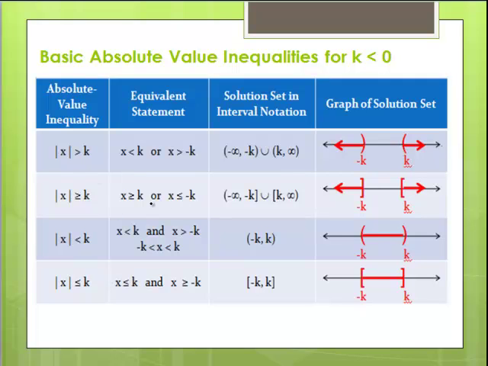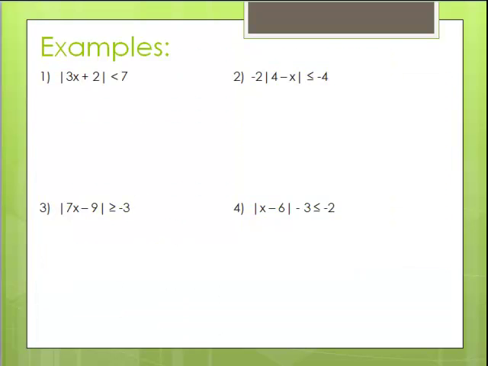See how this one is also or, and it's going in opposite directions? Ands are almost always written this way, or graphed this way. You can write them like this. Okay? For this bottom one, you could actually write -k is less than or equal to x, which is less than or equal to k.